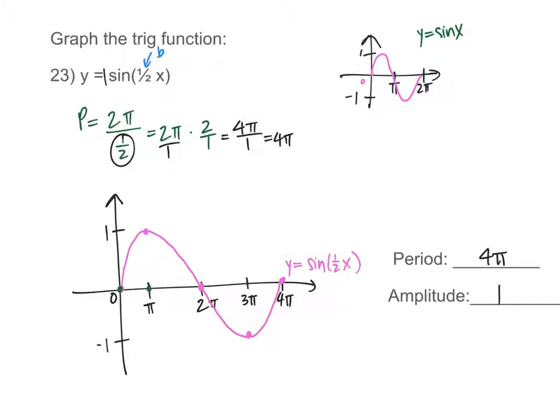It would be here, and then it'd be here. So basically, it would look like here, and here. There we go. So regular sine would be, you could fit 2 of regular sine in sine 1/2 x, if that makes sense.